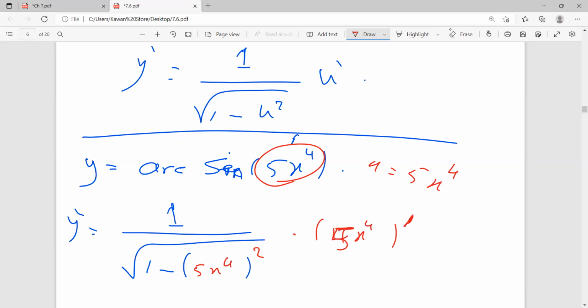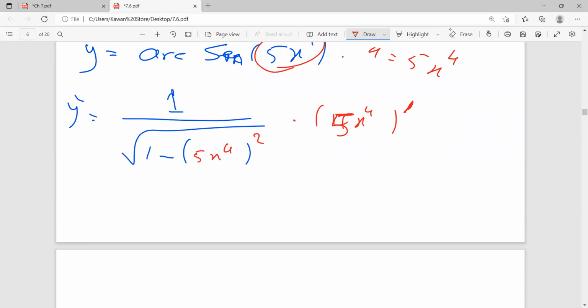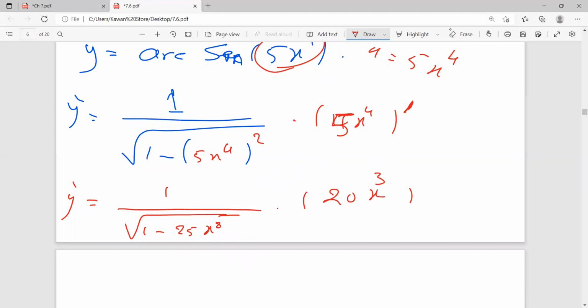U prime, the derivative of here, is equal to 1 over 1 minus 25x to power 8, multiplied by the derivative of here, 20x to power 3, right?